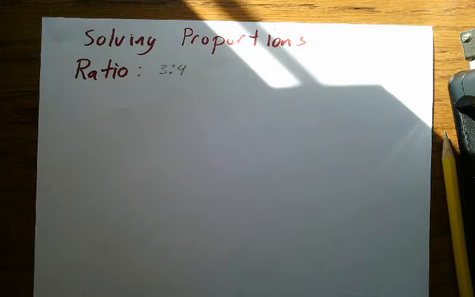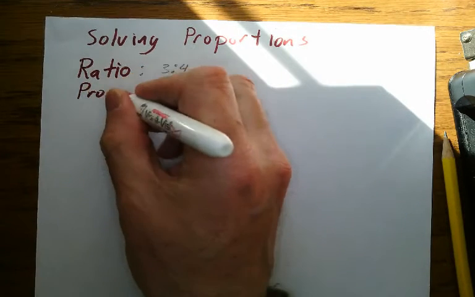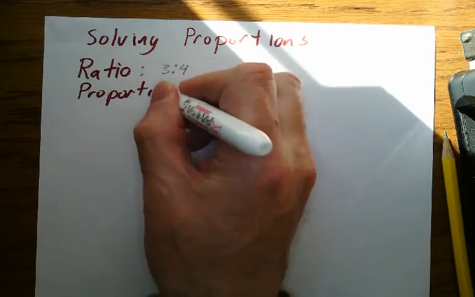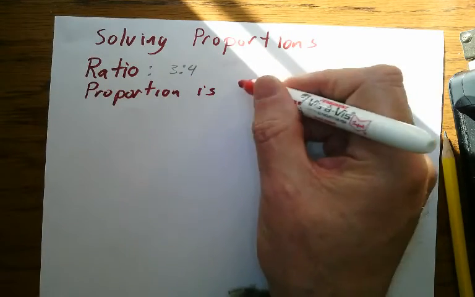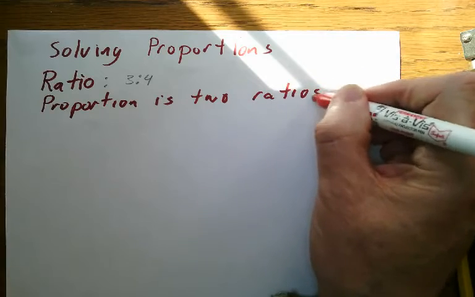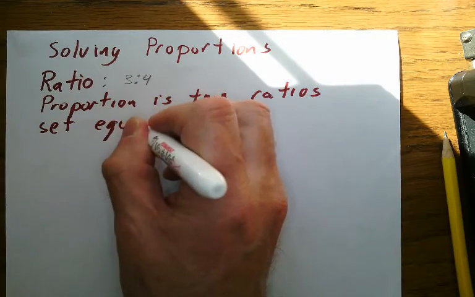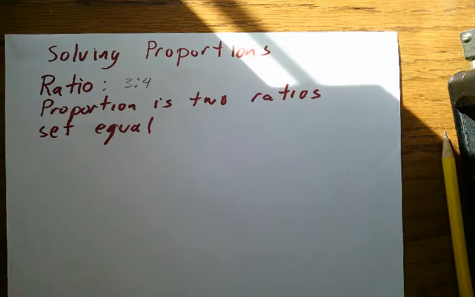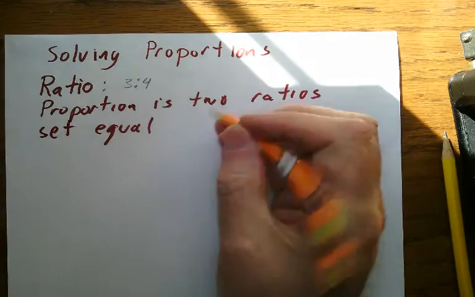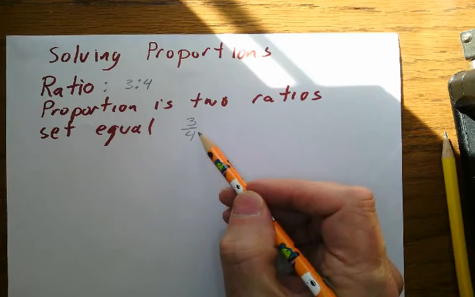Now a proportion is two ratios set equal. So, for example, 3 to 4, now that's another way to write a ratio.